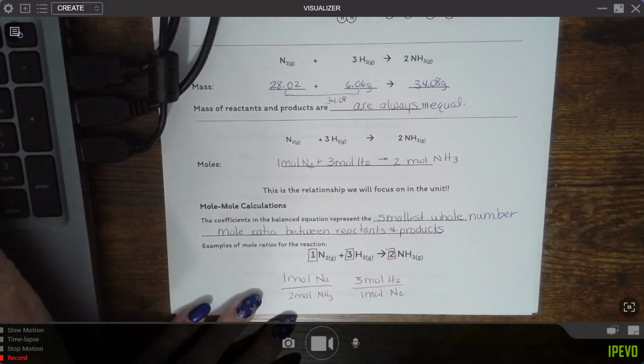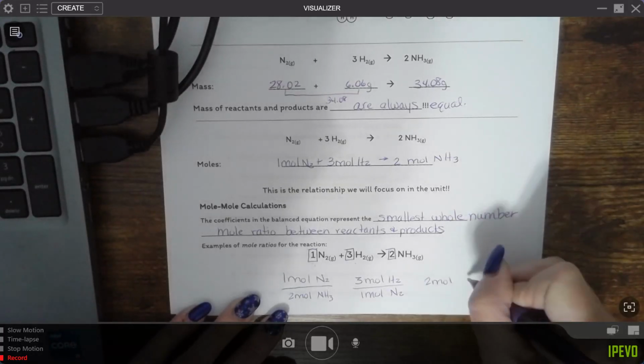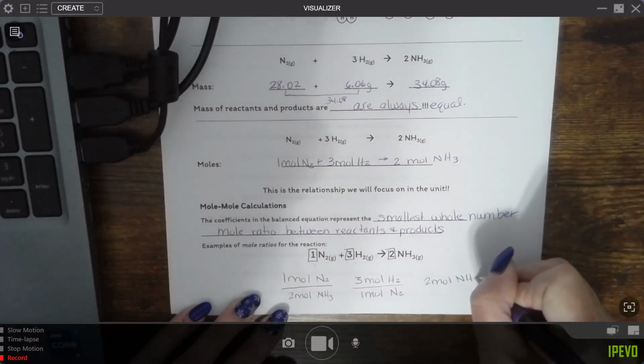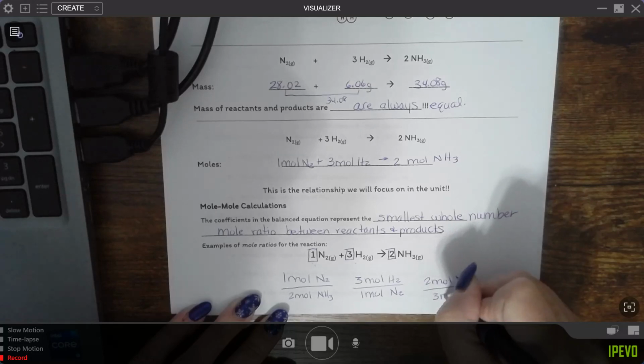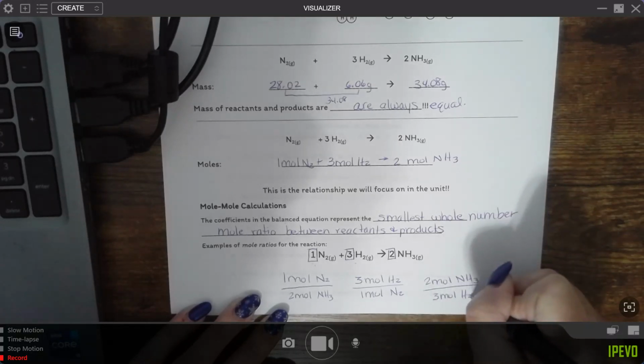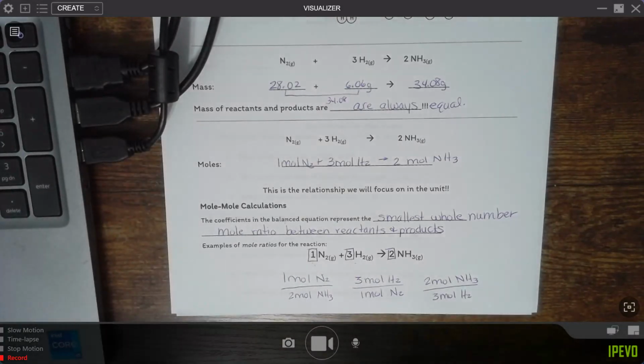Or we could say, for every 2 moles of NH3 we produce, we would need 3 moles of hydrogen to start with. Okay, so basically you can do a ratio of any of the products to any of the reactants using the coefficients of the balanced chemical reaction.